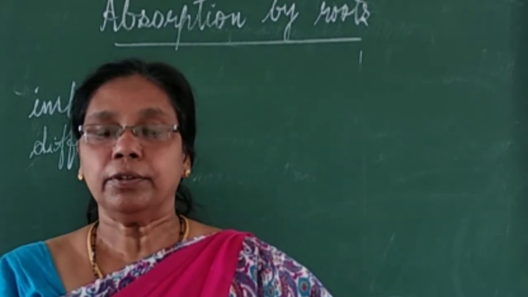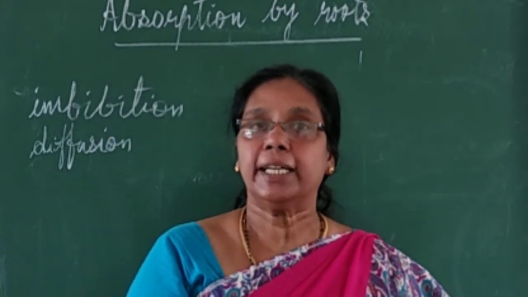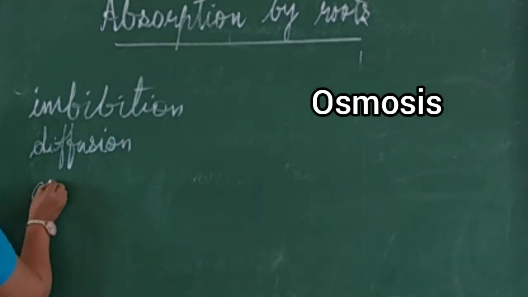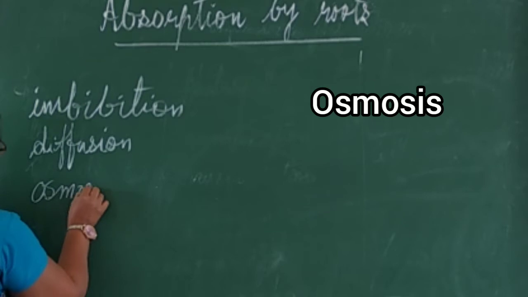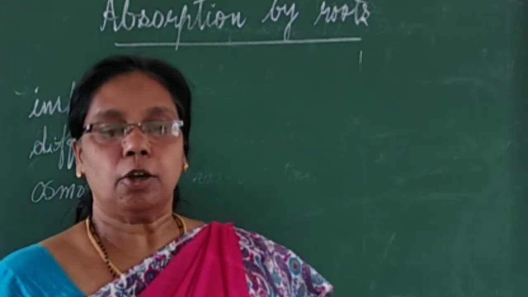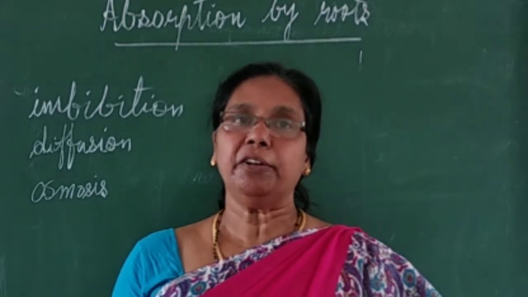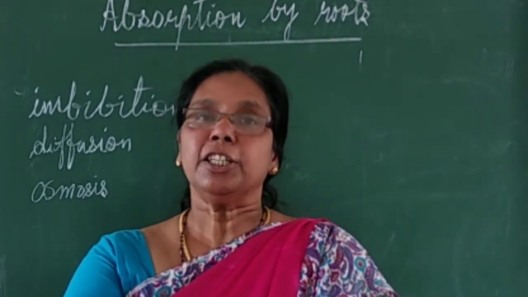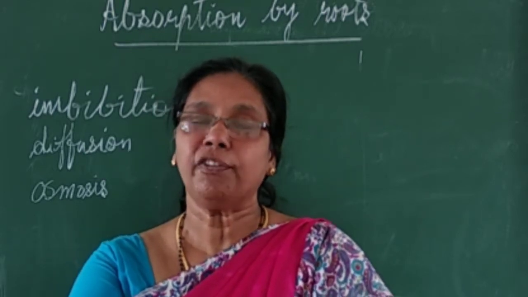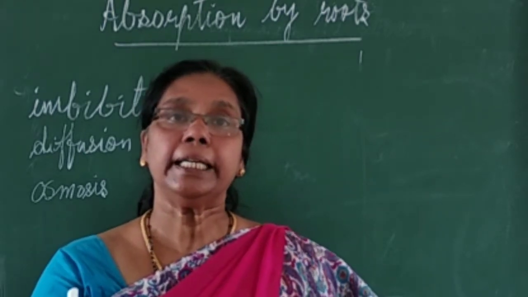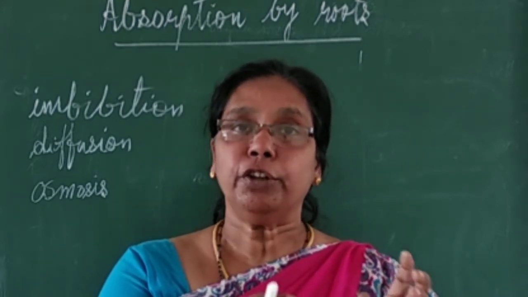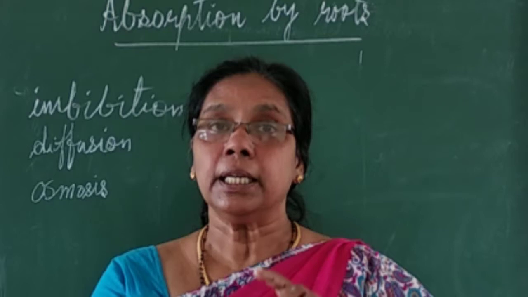Now we can see the third process, that is called osmosis. How can we define osmosis? It is the movement of the water molecules from a region of higher concentration to a region of lower concentration. See the differences between diffusion and osmosis.